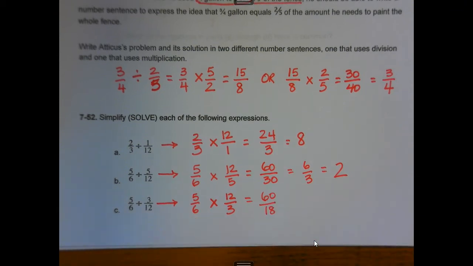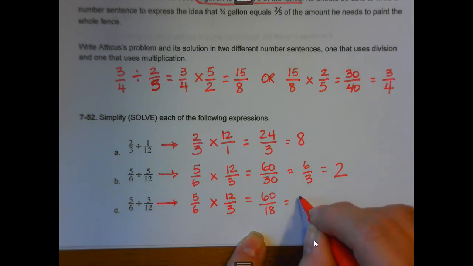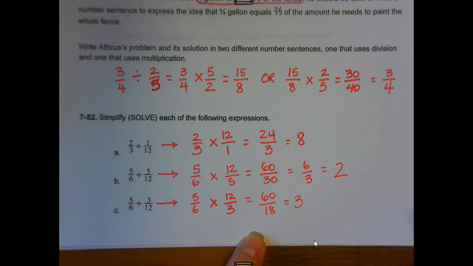Kind of a hard one to change into a mixed number, but I know that 18 is close to 20. So if I think about how close that is to 20, I could think, what times 20 is 60? I'm going to go with 3.